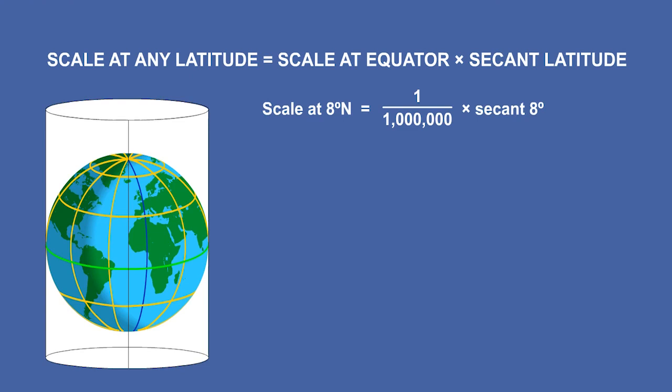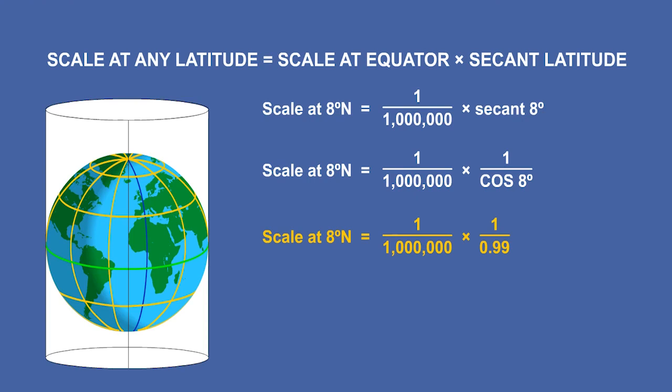So we write the secant as 1 over cos, which makes the equation: scale at 8 degrees north equals 1 to 1 million times 1 over cos 8 degrees. Cos 8 degrees is 0.9903, which we can take as near enough to 0.99. So the scale at 8 north is 1 over 990,000.